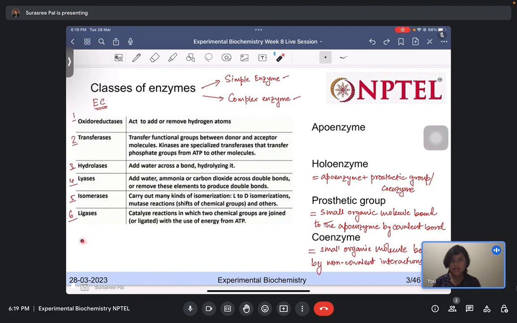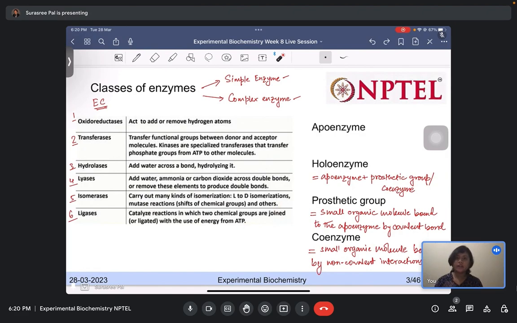Next, coming to the ligases. Ligases join two chemical groups. Their function is joining two chemical groups with the energy from ATP. So they hydrolyze ATP, and with the energy that evolves from ATP hydrolysis, they can perform this joining function.